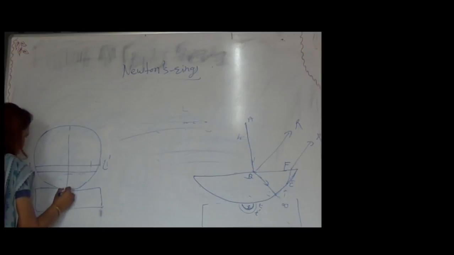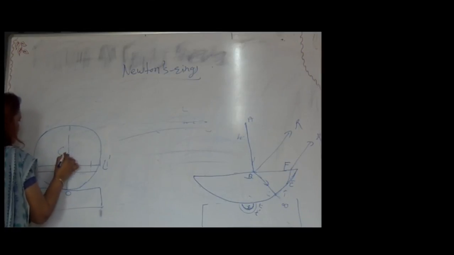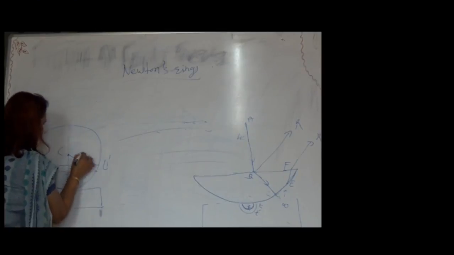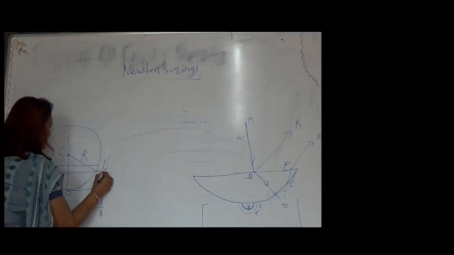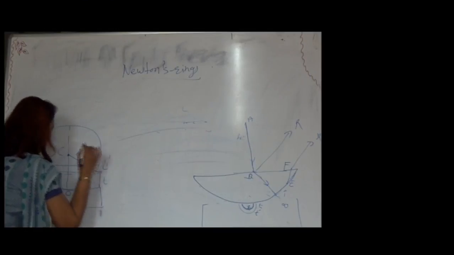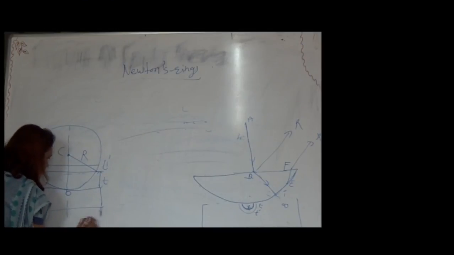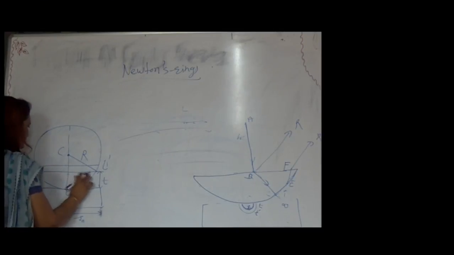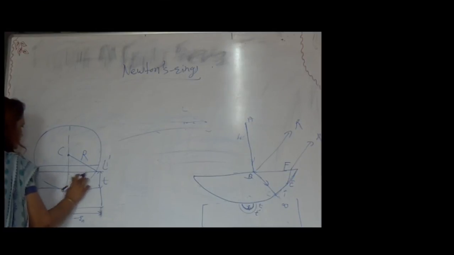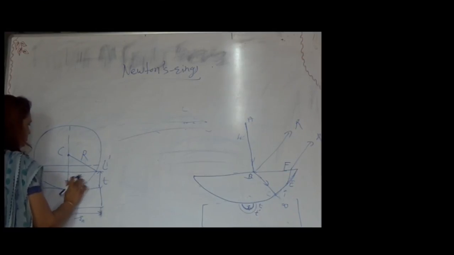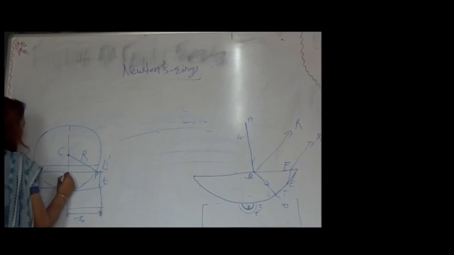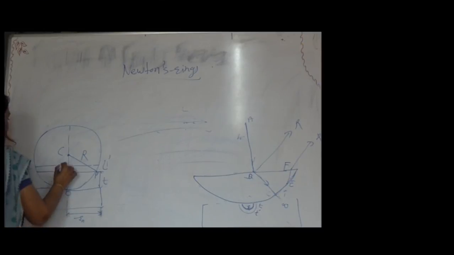This is the center C, and this is the radius, and this is the thickness of the film, and here Rn is the radius of the Newton's ring. Here we will label P, N, Q.